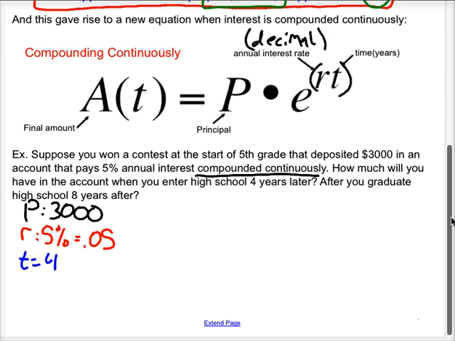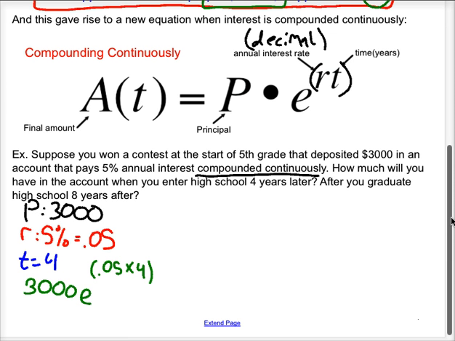So let's plug all that in. 3,000 times e to the power of, in parentheses, 0.05 times 4. I apologize, I wrote it wrong at first. That is literally all you have to do in this equation, and you will get it right.